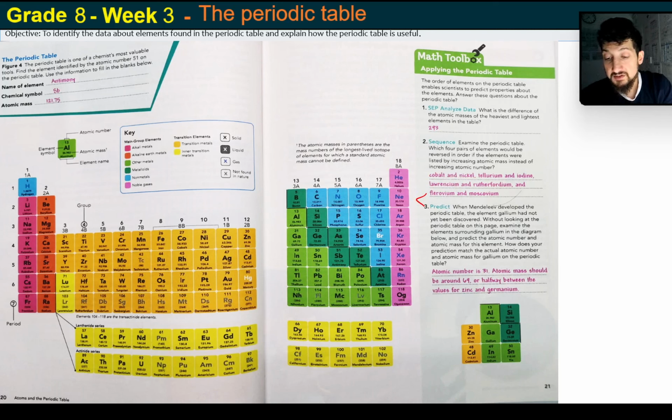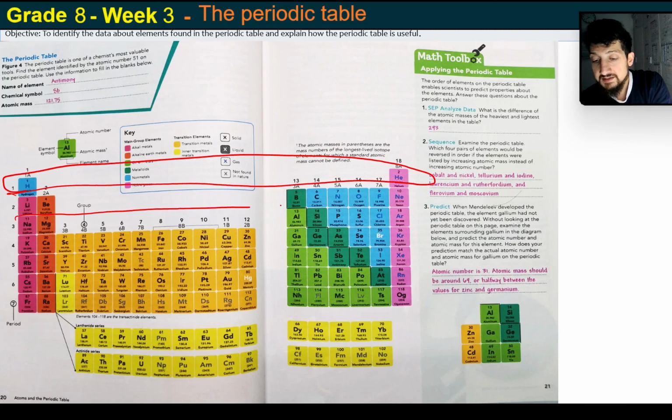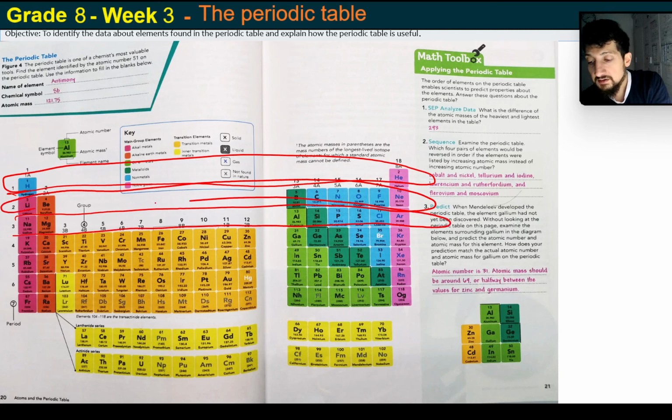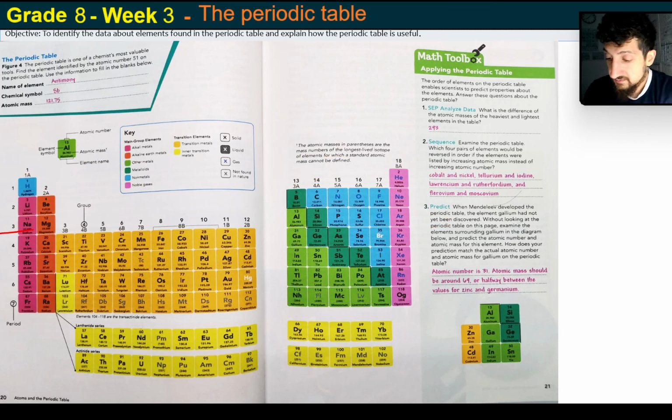Each one of those is a period. That is the first period. That's the second period. That's the third period. So we've got periods and we've got groups. The rows are the periods and the columns are the groups.